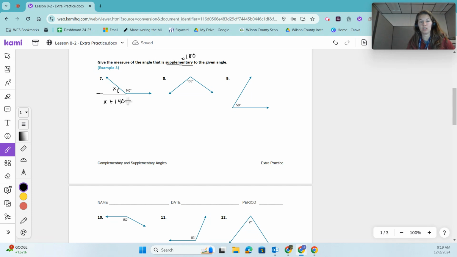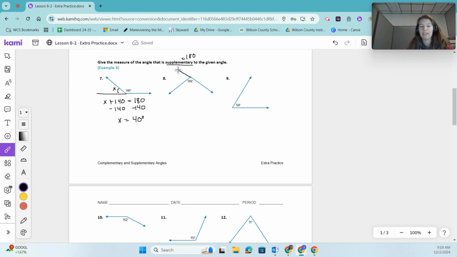So x plus 140 equals 180 degrees, because we're looking for supplementary angles. I subtract my 140 from both sides, just like I did for complementary angles, and I get x equals 40 degrees. So the supplementary angle to 140 is 40.